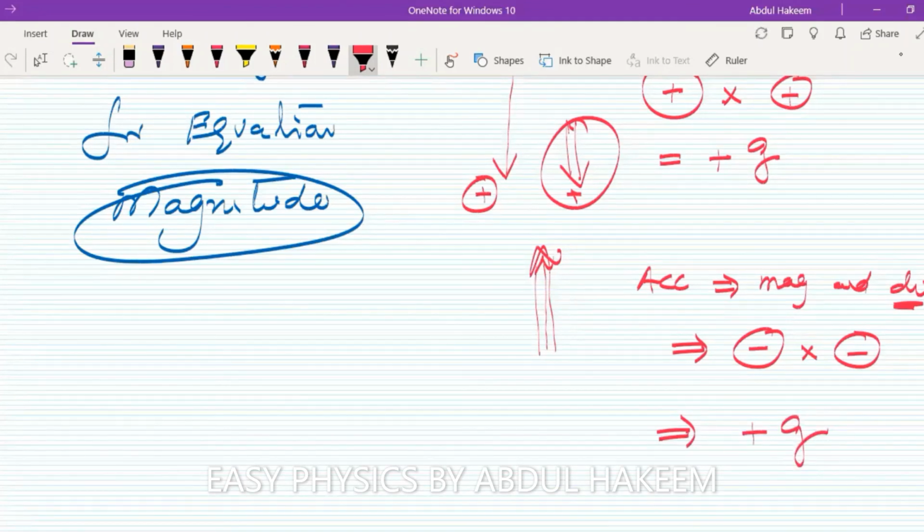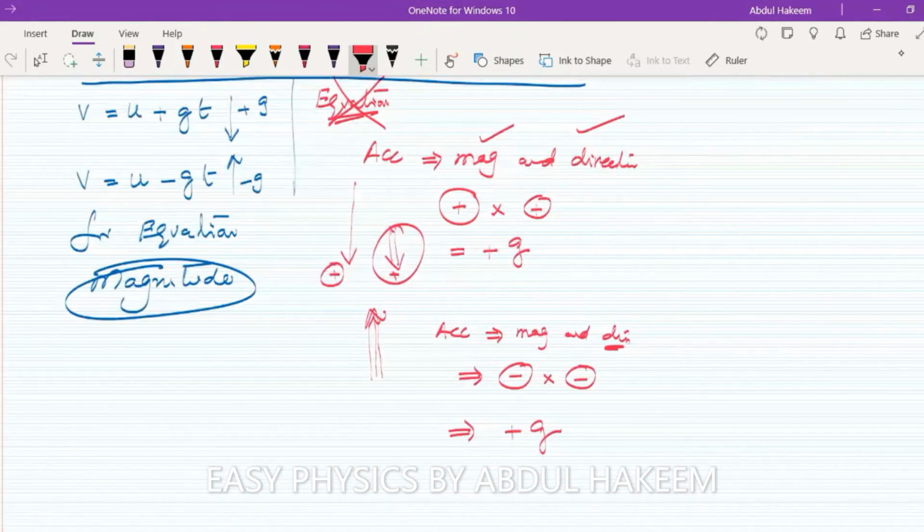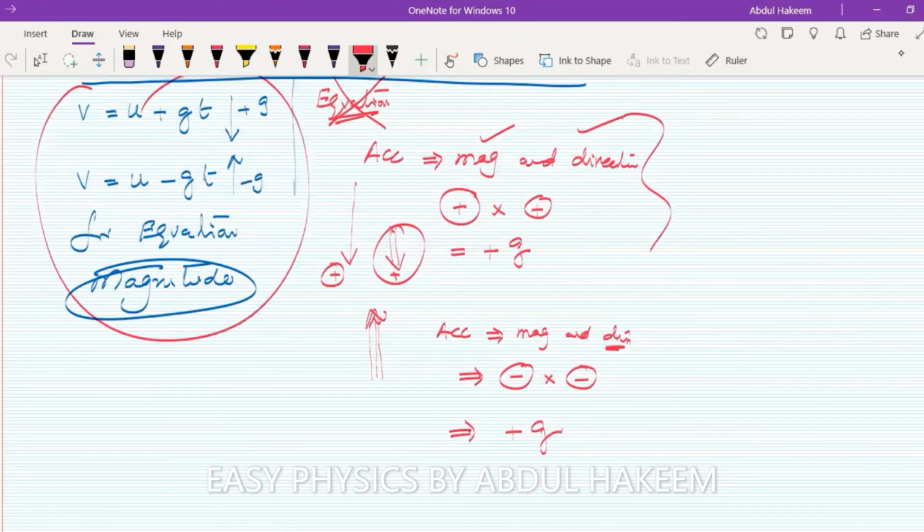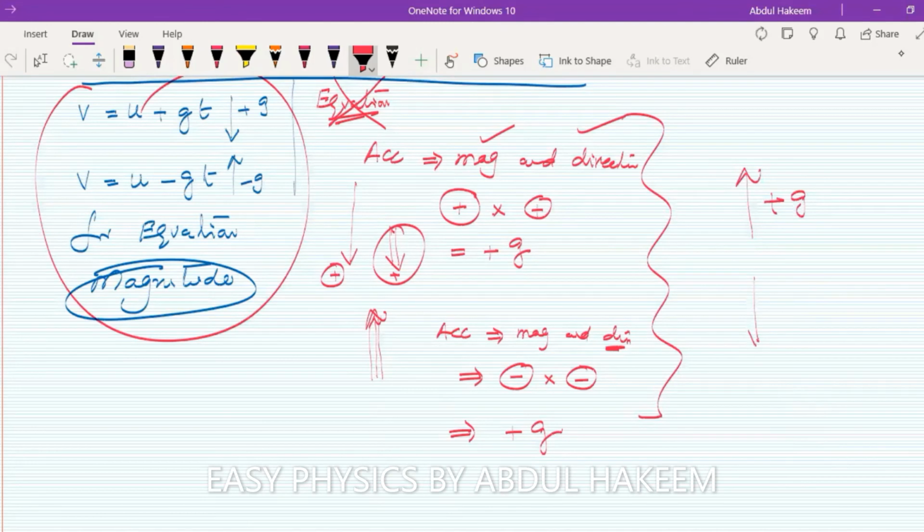So look, if we are not using the equation, if we are discussing other than the equation, not calculating any numerical value, but drawing a graph or discussing the motion, then for upward motion, it will be plus g. For the downward, it will be again plus g, because acceleration is a vector.